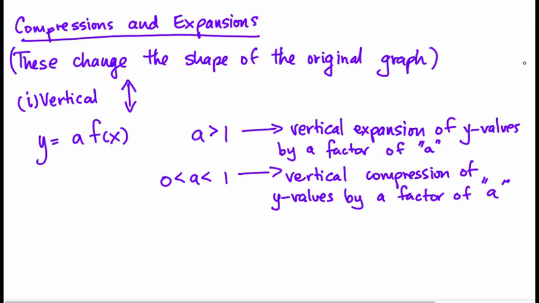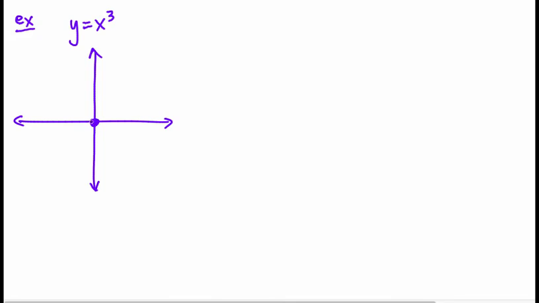So let's take a quick look at an example of that. If you start with the graph of y equals x cubed, I know a few points that it goes through: 2, and I'll just say that's 8 up, and -2, and that'll be -8 down there. The graph looks sort of like this.